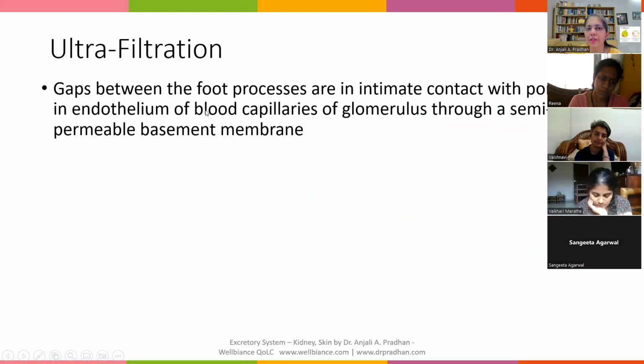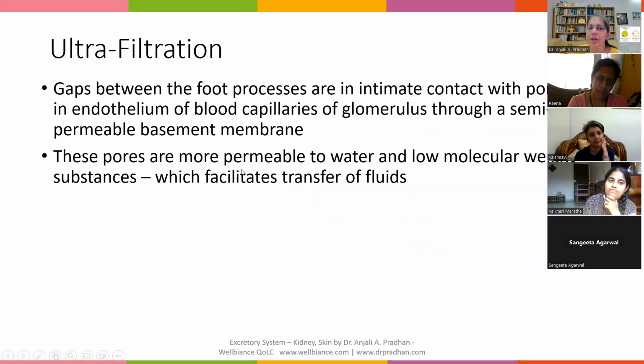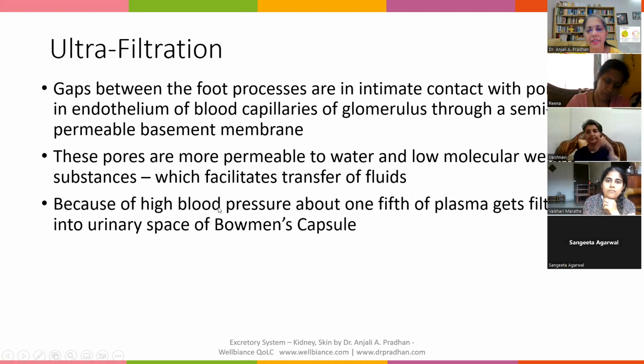Gaps between the foot processes are in intimate contact with pores of the endothelium of the blood capillaries of the glomerulus through a semi-permeable membrane. These pores are more permeable to water and low molecular weight substances, which facilitates transfer of fluids. I have explained this earlier, this is only revision.